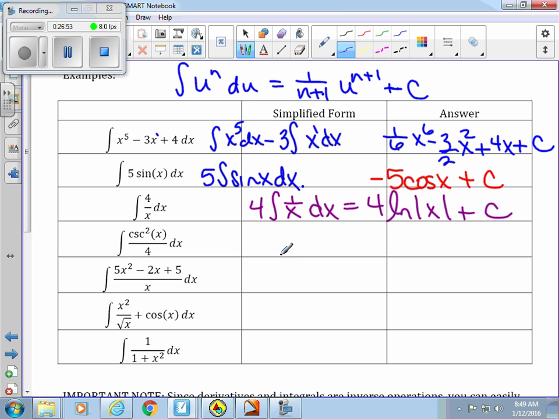I want to show you something really quick, because we're about to do some problems where we deal with negative exponents. If you wrote this with a negative exponent, it would be 4x to the negative 1. What would you get if you tried to do a power rule? What's negative 1 plus 1? 0. What's anything to the 0 power? 1.